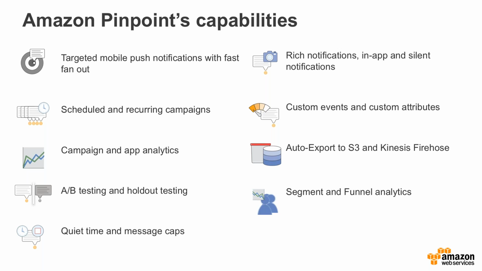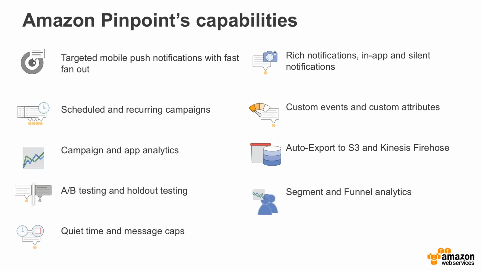Or say you're in a newsfeed app and you want to send updates to your users based on the frequency that they configure to receive your updates. But at the same time, you want to guard them so that you won't reach them, let's say, between 10 in the evening and 6 in the morning. So that's what you have quiet times for. That's what you have message caps, and that's what you'd use recurring cadence for, to configure recurring campaigns.